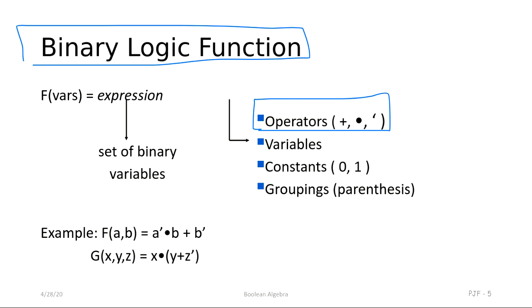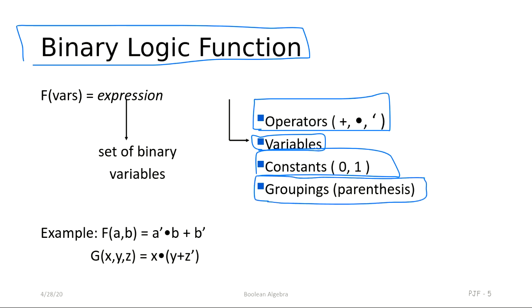The variables represent certain values. If you don't know the exact discrete value, then you represent it with the help of variables like x, y, z. The constants in binary functions are 0 and 1, as we already discussed. Grouping: when you are grouping something together, you use parentheses.